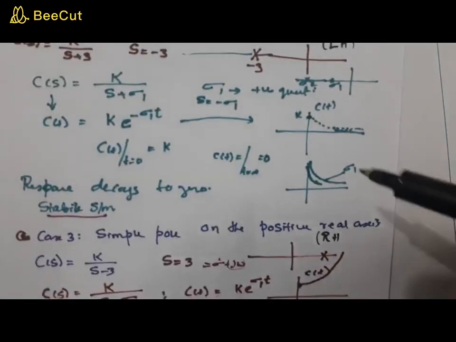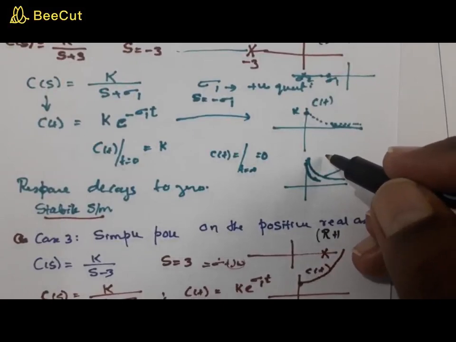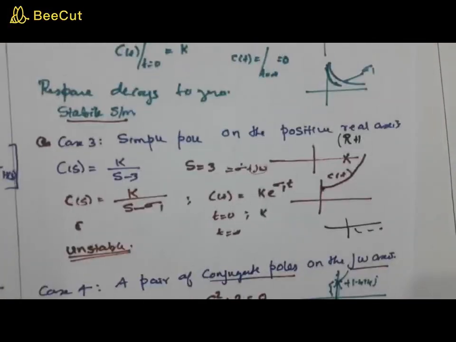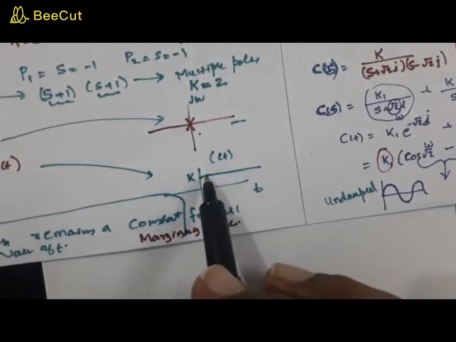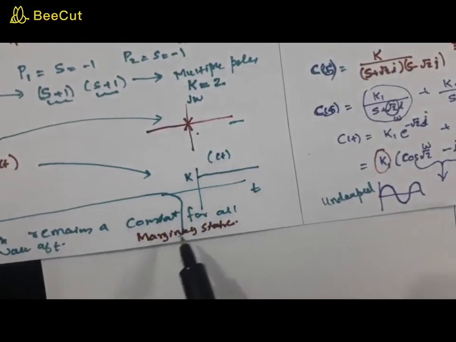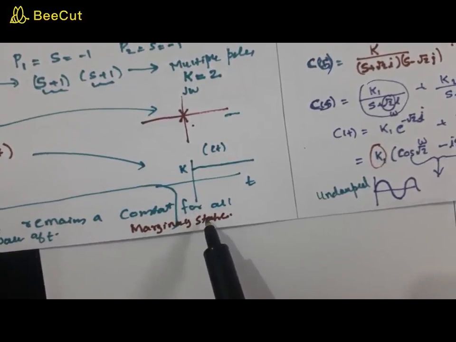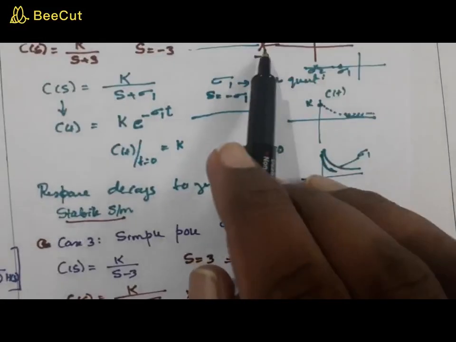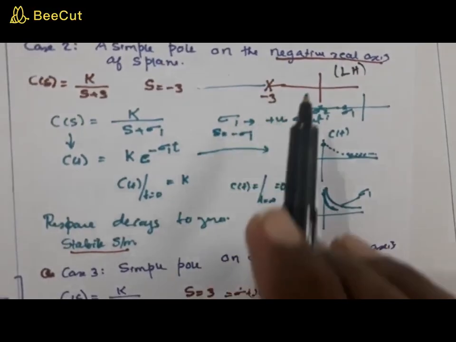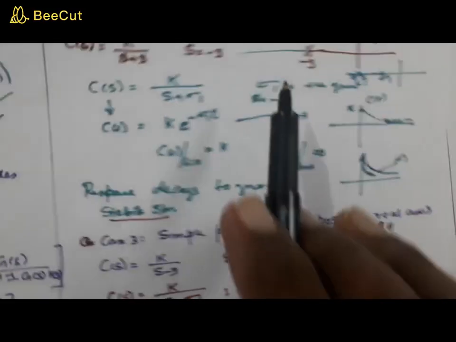That's not good. That's going to be an unstable system. So among these 3, this is a stable system, while the other 2 are unstable. And since it is not increasing, we will call this by a term called marginally stable system.